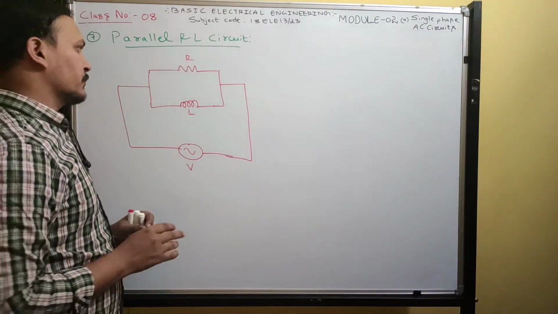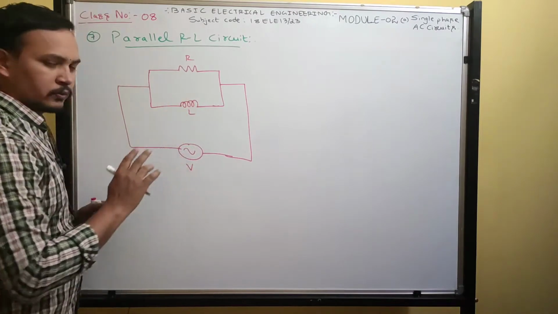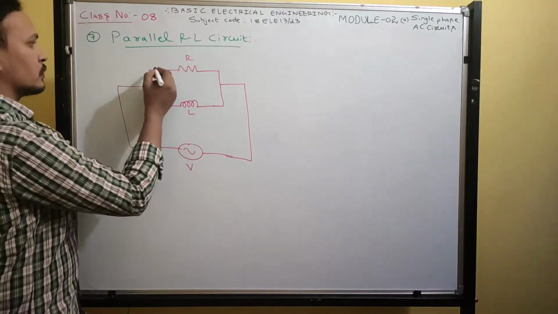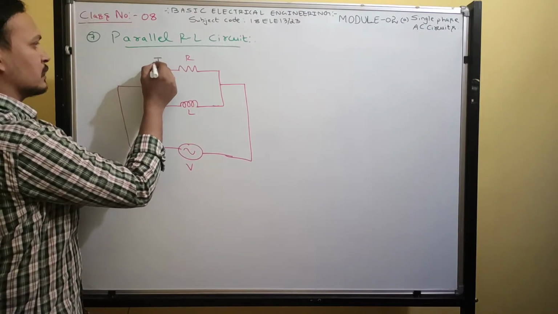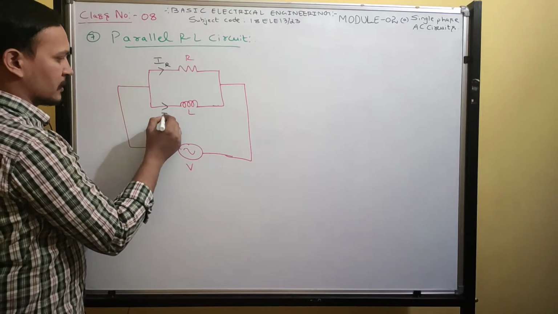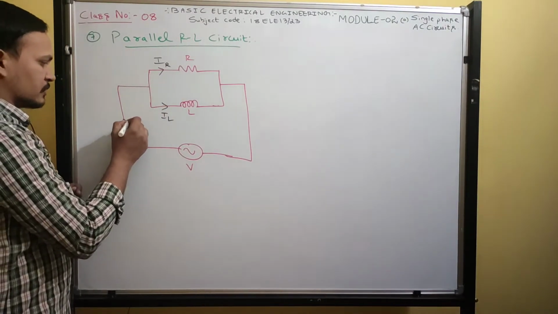In parallel, the voltage across the resistor and inductor is the same. Consider the current in the resistor as IR and the current in the inductor as IL. The addition of these two currents gives the supply current.